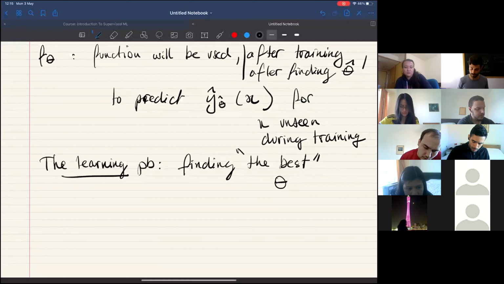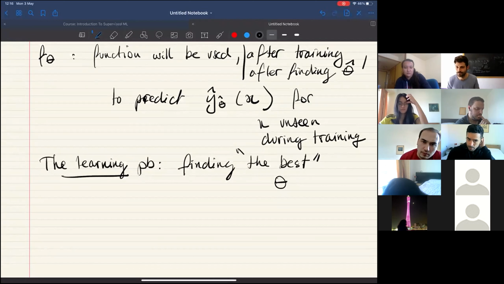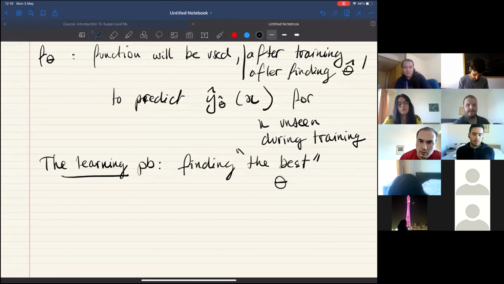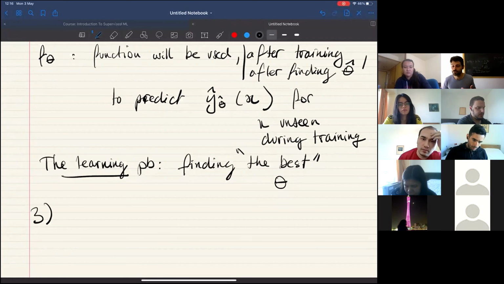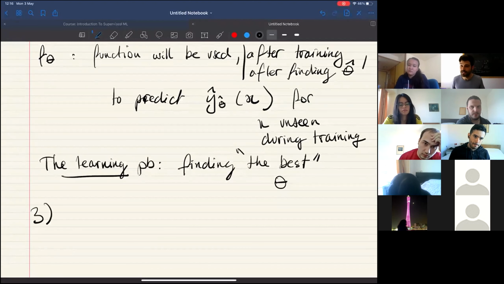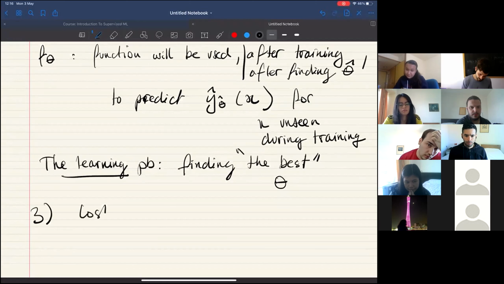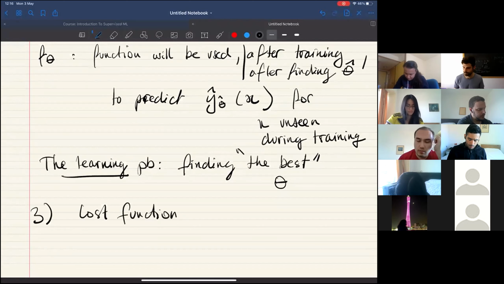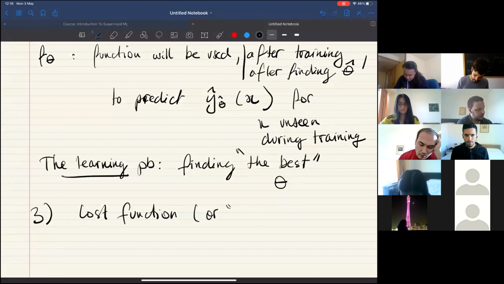So now we have a model, we have a hypothesis class. We need to learn now. We have data, we have a model. So we need to learn in some way. And how to learn, which means how to define a procedure to find the best theta? What you need for that is a cost function, or what we call also an energy function.